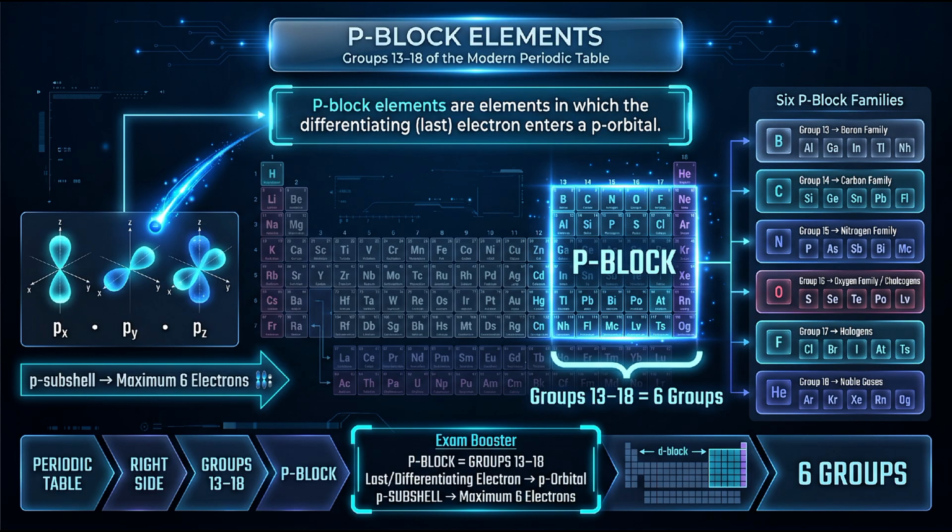The p-block is especially important because it contains metals, metalloids, non-metals, and noble gases, and therefore shows an enormous variety of chemical behavior. Understanding its electronic configuration provides the foundation for understanding its periodic trends, oxidation states, bonding, reactivity, compounds, and practical applications.